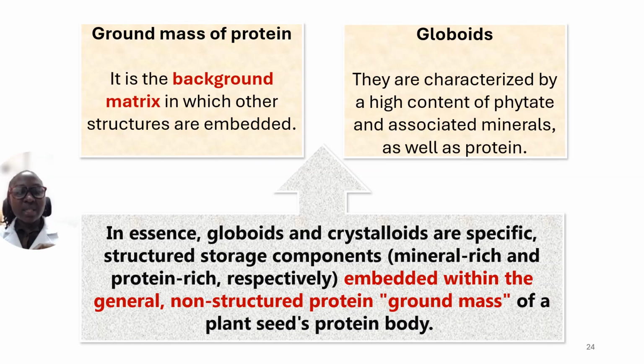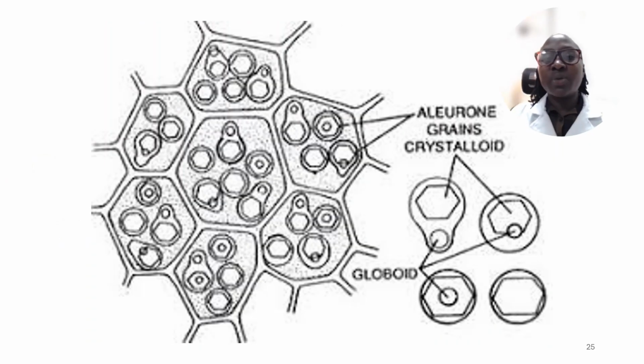In essence, globoids and crystalloids are specific structured storage components that are embedded within the general non-structured protein ground mass of the plant seed's protein body. So we can get the picture that ground mass, globoids, crystalloids, all of them are incorporated within the aleurone grain.